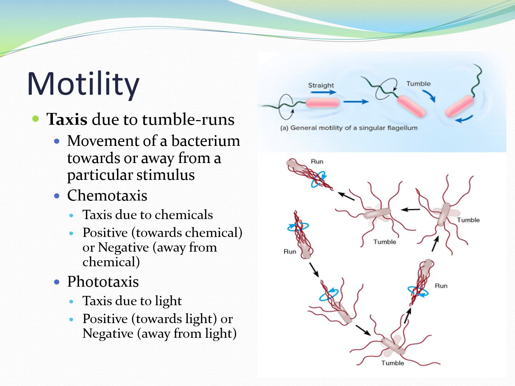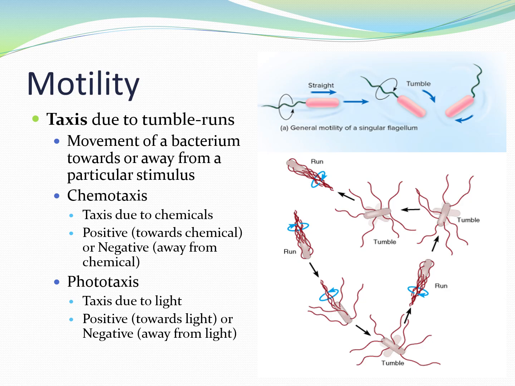You have chemotaxis, which is going to be movement or those tumble runs due to chemicals. So either moving towards a chemical or away from a chemical, depending on what it is. Because if we're moving towards a chemical, it might be that our bacteria is looking for a food source. If we're moving away from a chemical, it might be to avoid antibiotics and thus being killed.